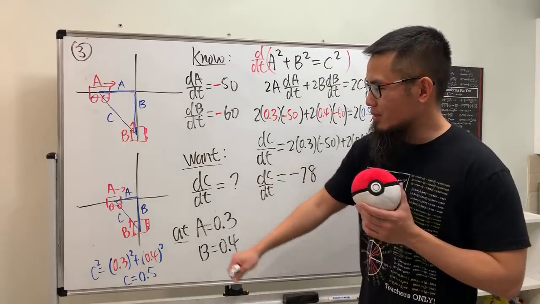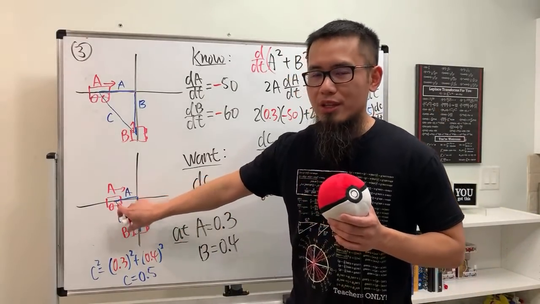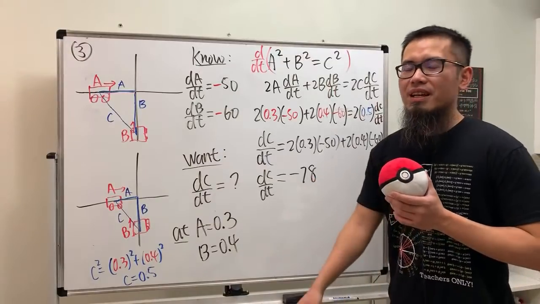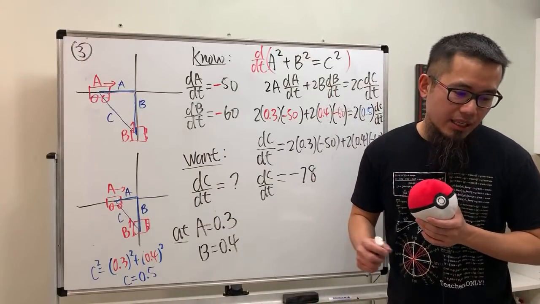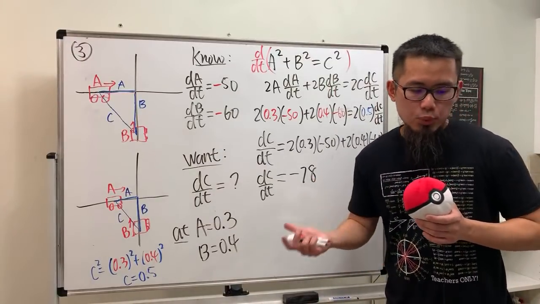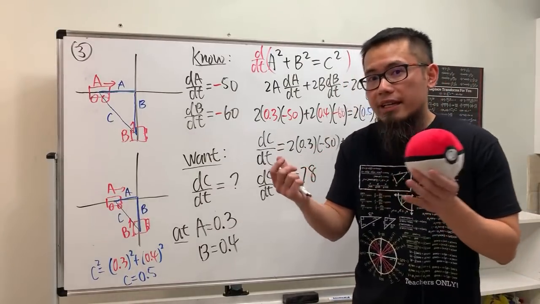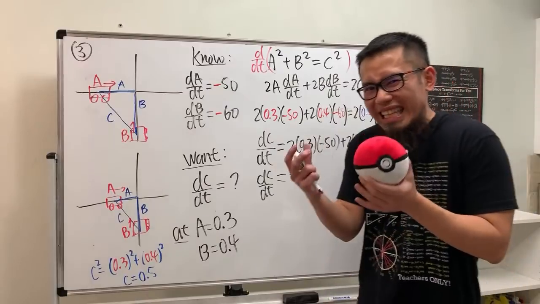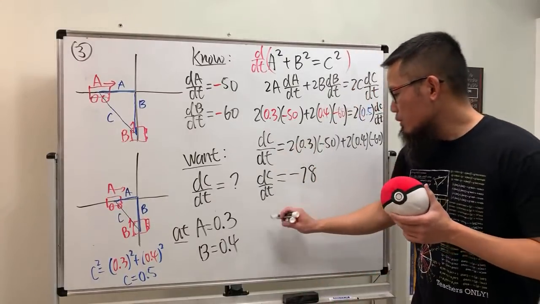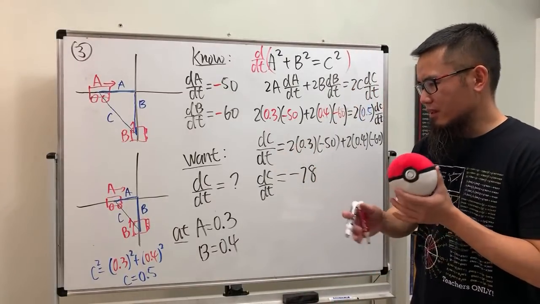And now, why is this answer negative? Well, because as you can see, C is getting shorter and shorter, right? So that's why it's negative. And the question is asking, at what rate are the cars approaching each other? So the word approaching tells you the distance is getting smaller and smaller. So that has a negative already, right? So I will just write this down in a sentence.